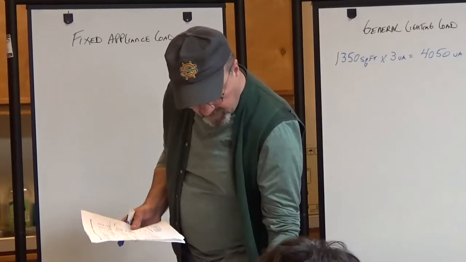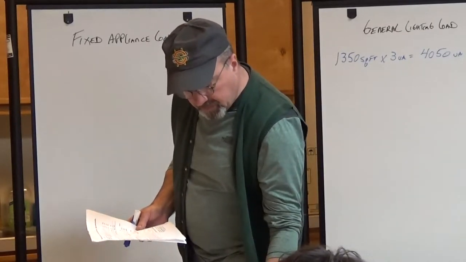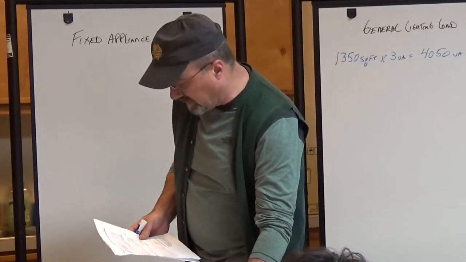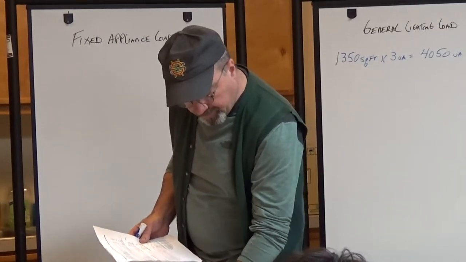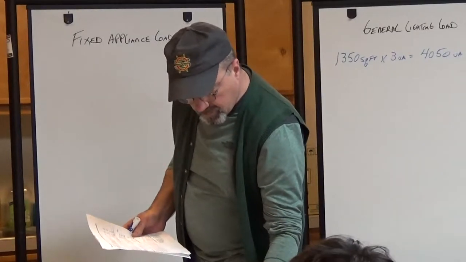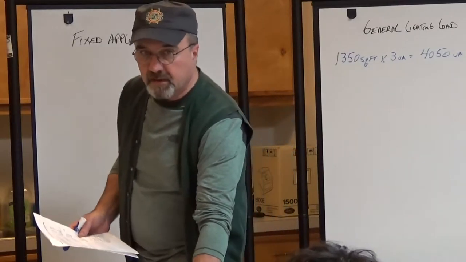Robert said it's on page 70-52 in the NEC, and we're looking for 210.11(C)(1). Right here, small appliance. There it is, off the top of the page.